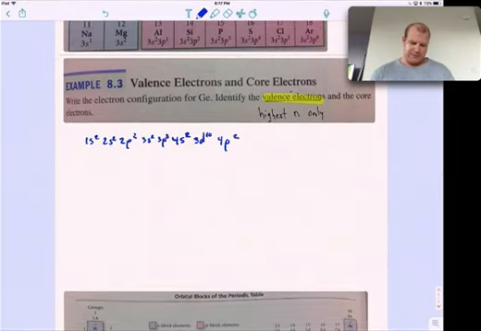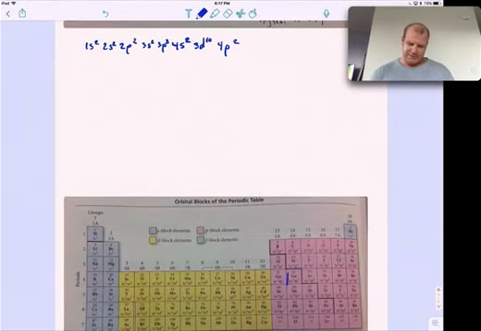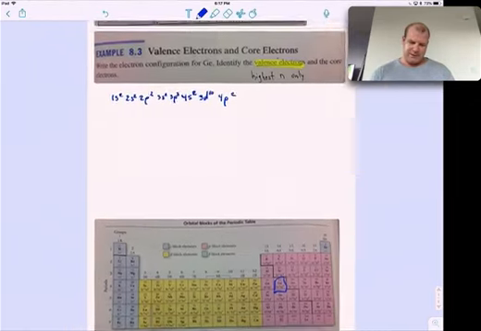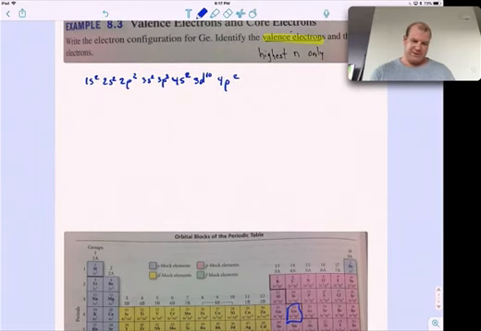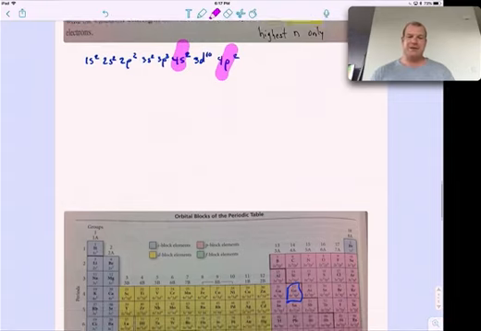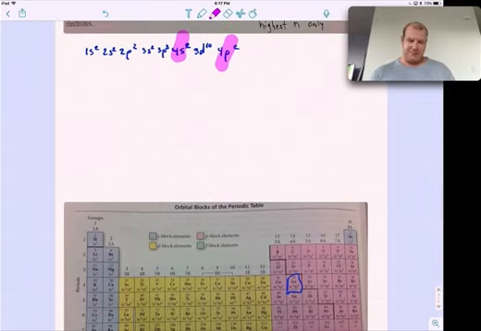Okay, and we did the periodic table. Germanium is right here. This is the configuration, and the valence electrons are right here. It has 4 valence electrons, in the highest shell. The 3d is not a valence electron. And why is this? The 3d is lower energy.